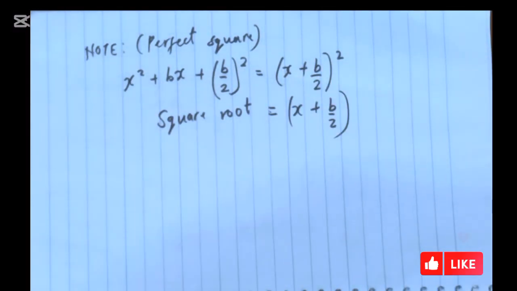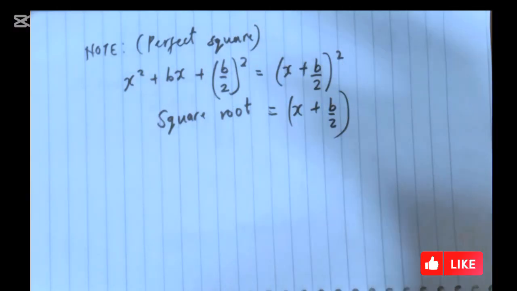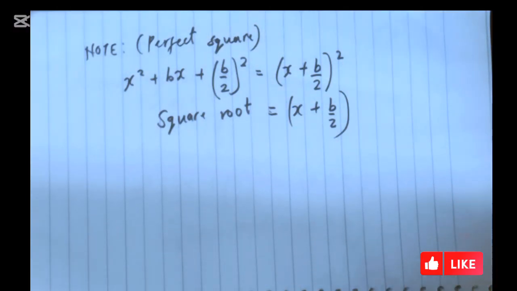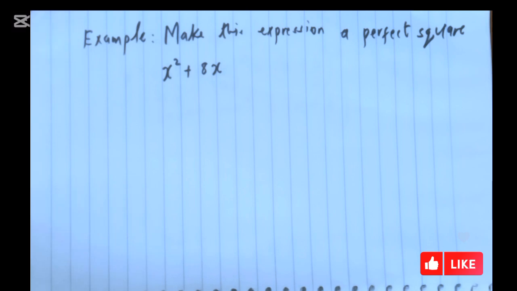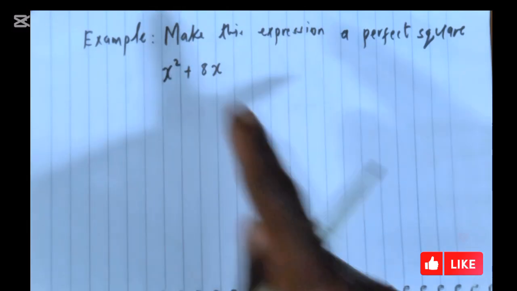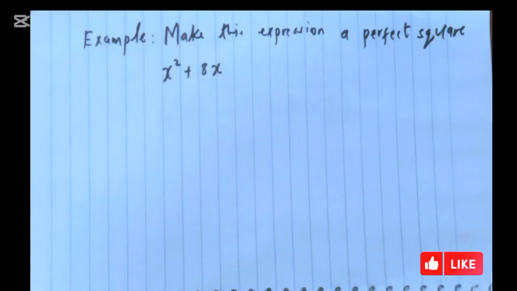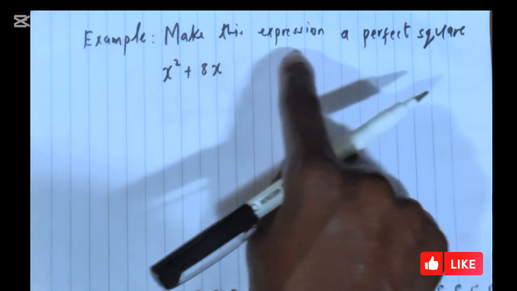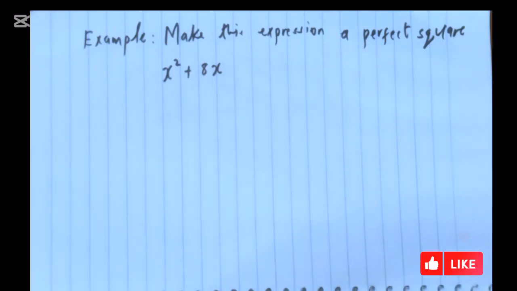Why don't we handle an example then see how we can apply this knowledge? Now dealing with our example, we have a problem where we are supposed to make the expression x squared plus 8x a perfect square.